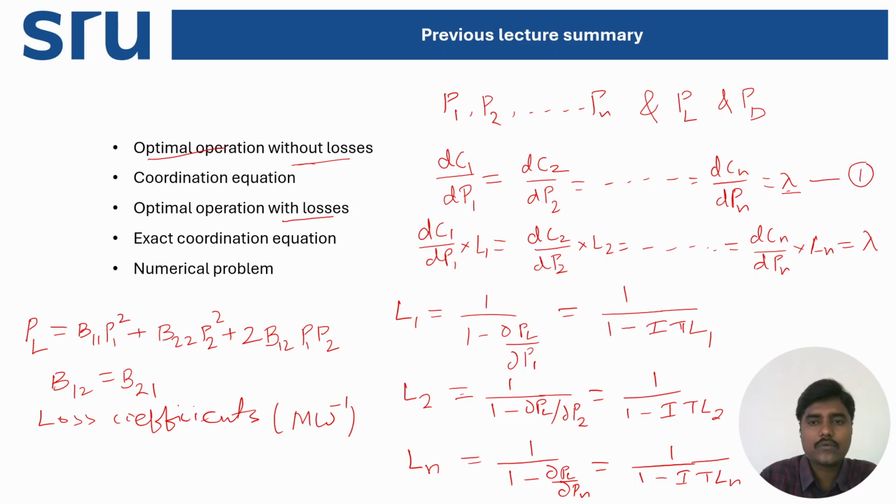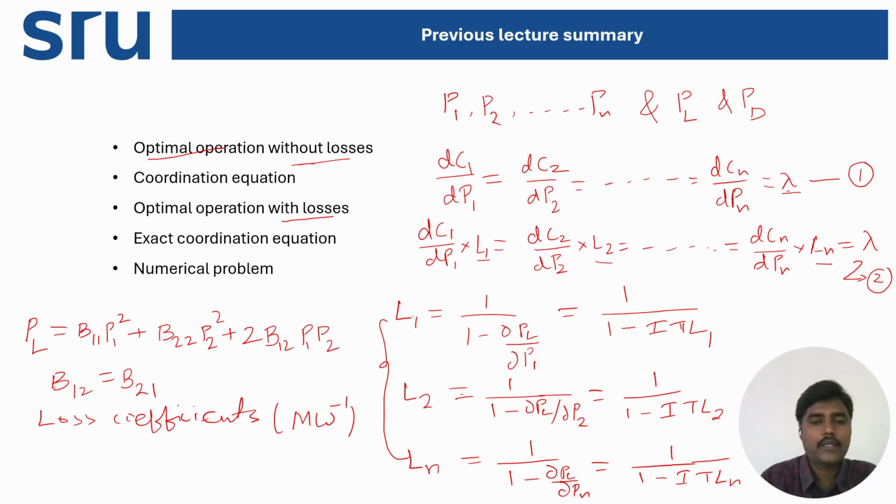This is equation 1. Equation 1 represents the condition for economic load dispatch by neglecting the transmission losses. If you treat this as equation 2, it represents the condition for economic load dispatch by considering losses, where the penalty factors of each and every unit are incorporated in the condition. The penalty factors can be determined by using these equations.